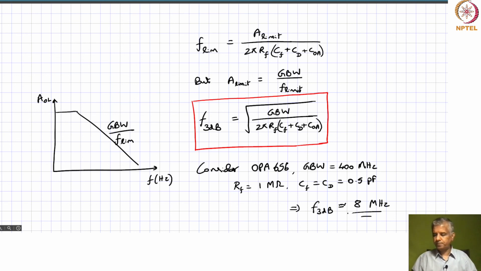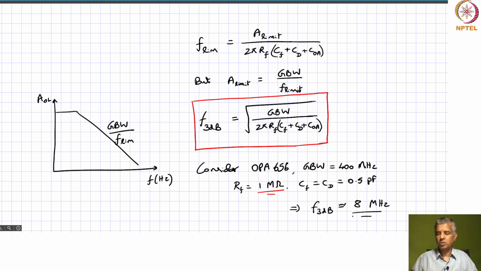So what does that tell you? If you want to achieve this 1 megohm transimpedance gain, your frequency response is going to be limited to 8 megahertz.